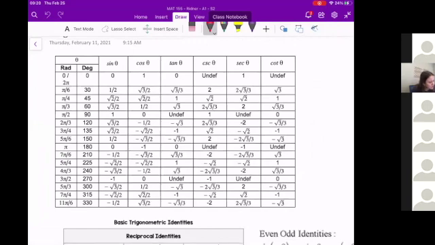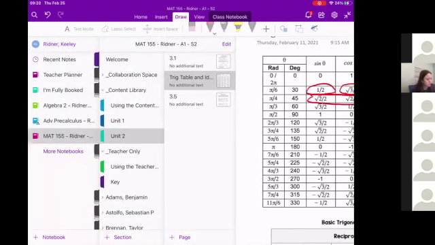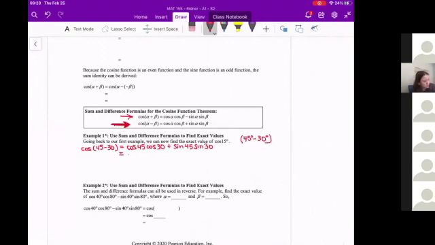Sine and cosine of 45 degrees are both square root of 2 over 2. Cosine of 30 is square root of 3 over 2, and then sine is 1/2, so that I don't have to keep switching back and forth. So square root of 2 over 2 times square root of 3 over 2 plus square root of 2 over 2 times 1/2.